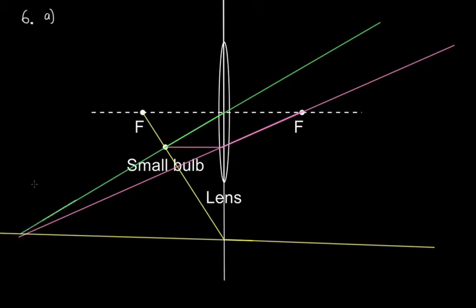Hopefully they all cross at about the same point, which they do. If you've drawn it very accurately, they will all cross at the same point. So this location here is where the image is formed.